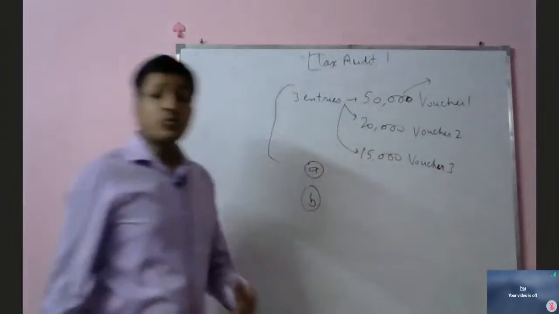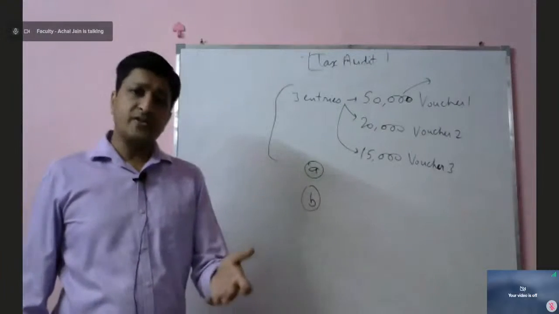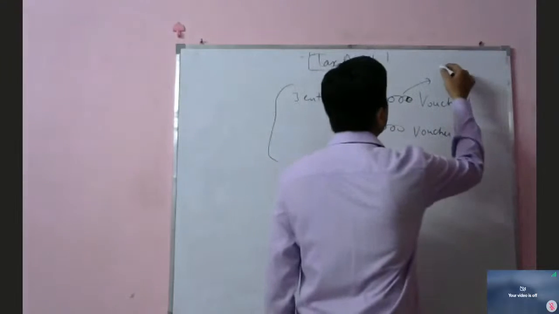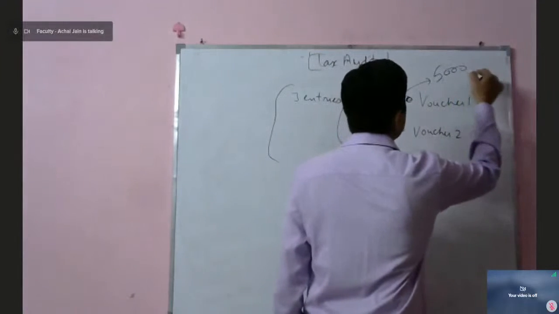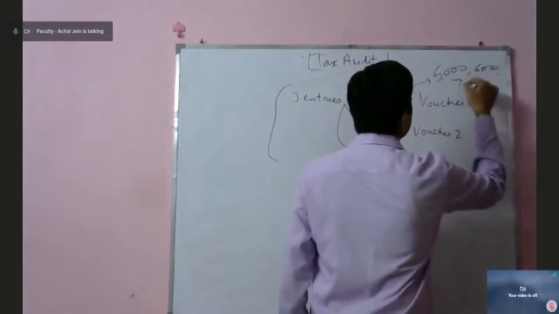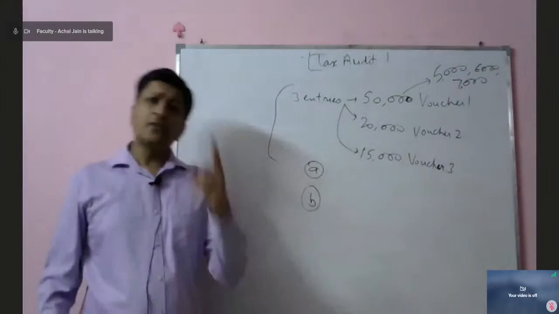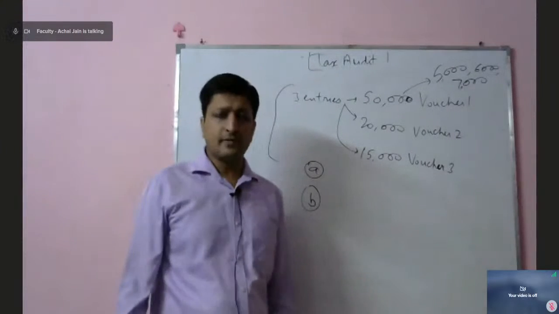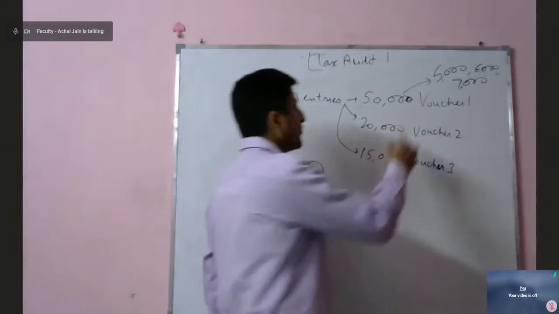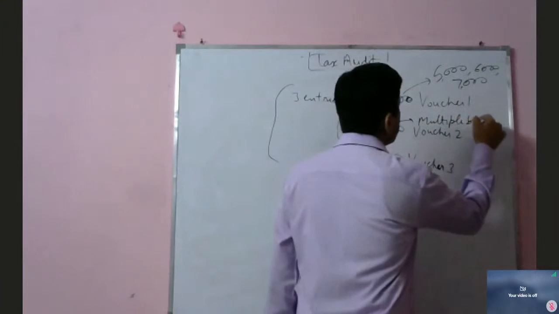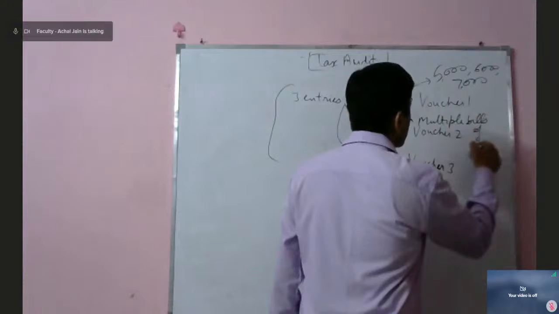This voucher may contain various expenses to various parties. Maybe there are various expenses of 5,000, 6,000, 7,000. All of these amounts are below 10,000, for which one single voucher has been prepared. And the same is the case over here also. So multiple bills of different parties are there.